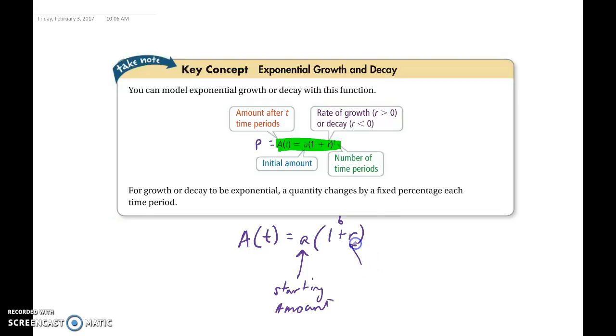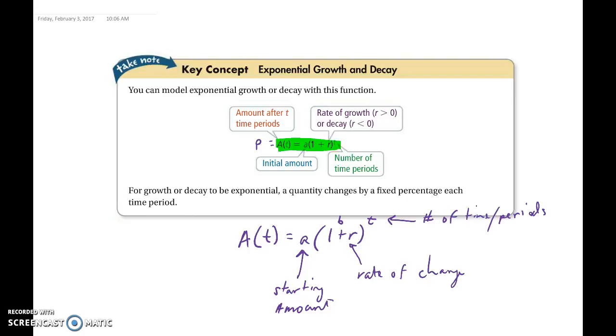And r is the rate of change. So if it's a decrease, then it'll be a negative. If it's an increase, it'll be a positive r. And then t represents the number of time periods. All right, so this is the formula that we will use to solve some problems.